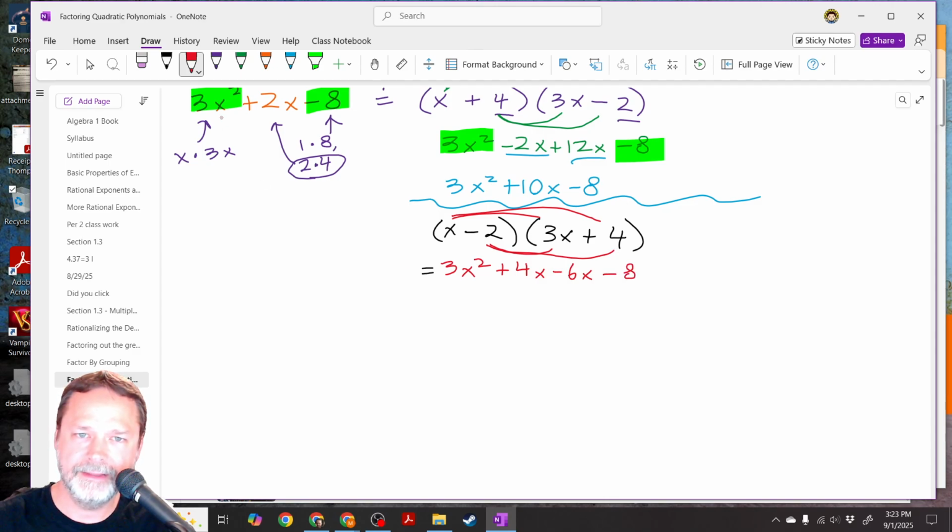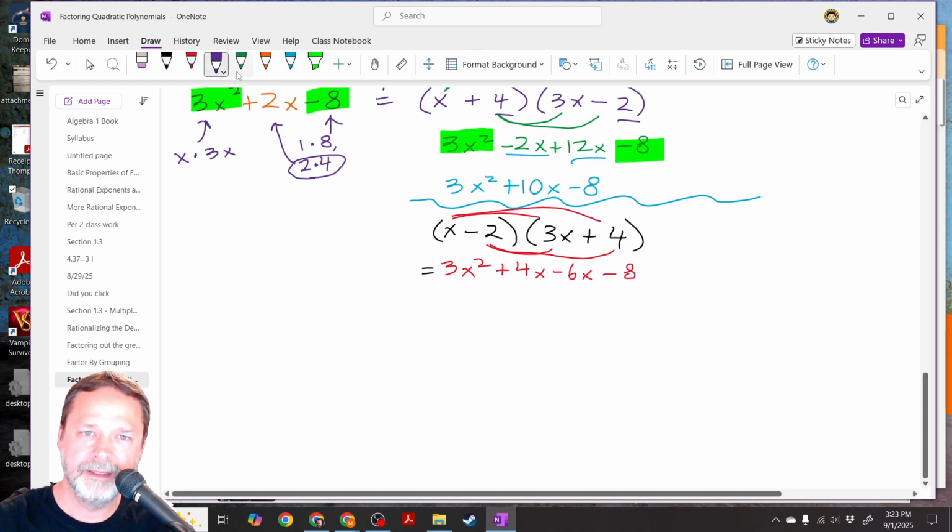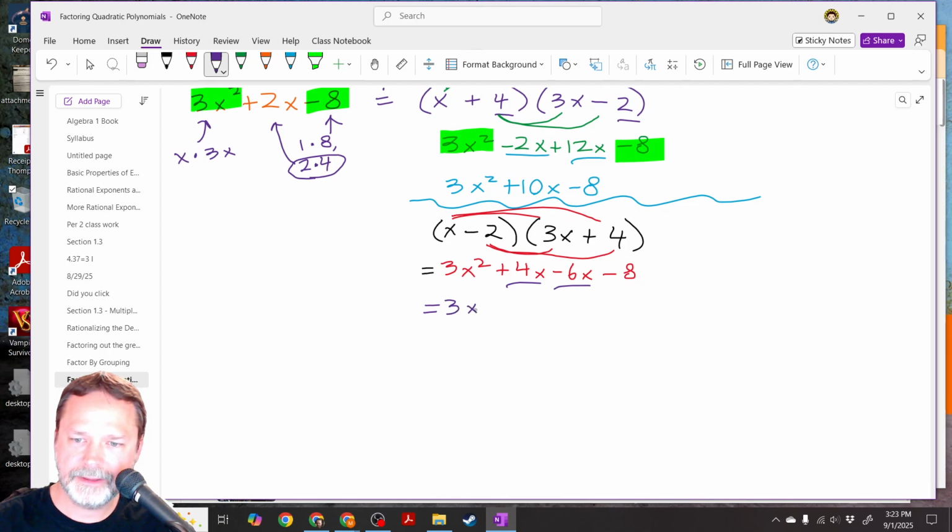Now, if I add up my like terms, what do we get? 3x squared minus 2x minus 8. Is that what I wanted? So close. I got the 3x squared. I got the minus 8. I have negative 2x instead of positive 2x.